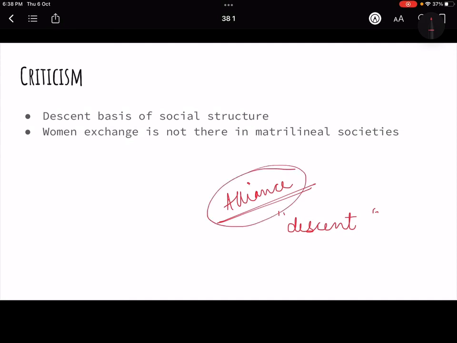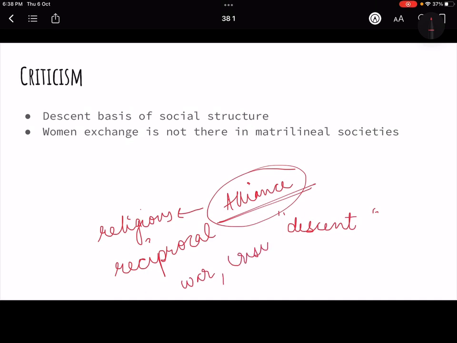He said कि group solidarity maintain करने के लिए, because alliance groupings कहाँ काम आते हैं, there is like religious times पे they will be there, then आपके group में security ज़्यादा आएगी because now new people are adding to your group, ठीक है, and there is reciprocal relationships that are built in the groupings, right? At the time of war, crisis, right, they will support you. So all of this increases the survivability in some way. So this is what he was saying when he was talking about alliance and its importance.